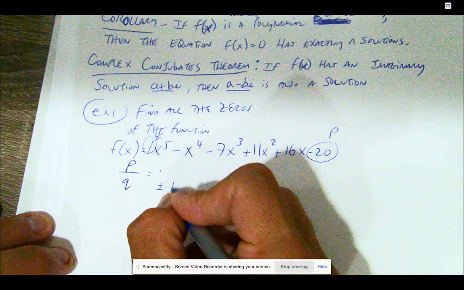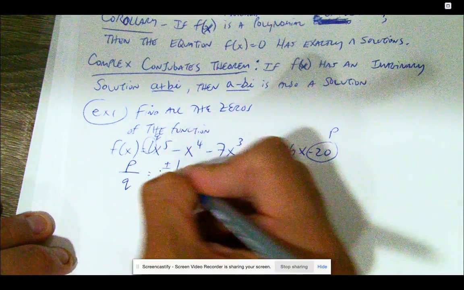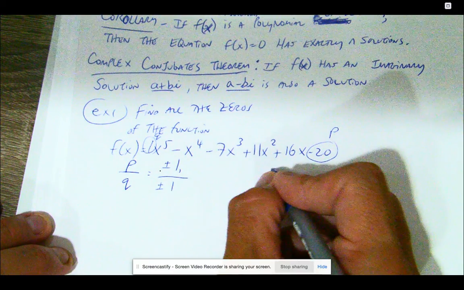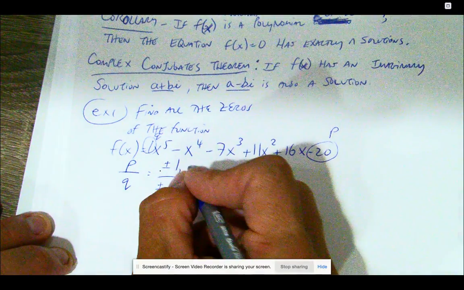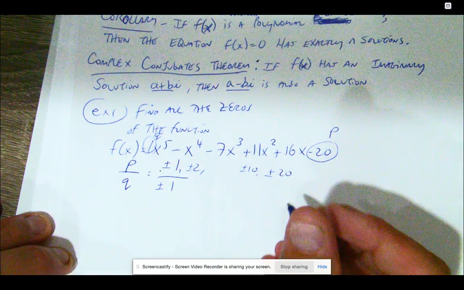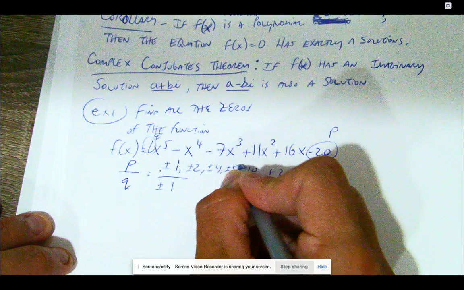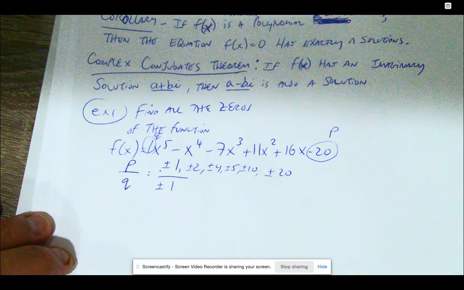So I'm going to put the plus or minus 1 on the denominator and make a list of my factors of 20. So I'm going to use plus or minus 1, plus or minus 20, plus or minus 2, plus or minus 10. And then we also have 4 and 5. Those are going to be a list of all the things that we have.